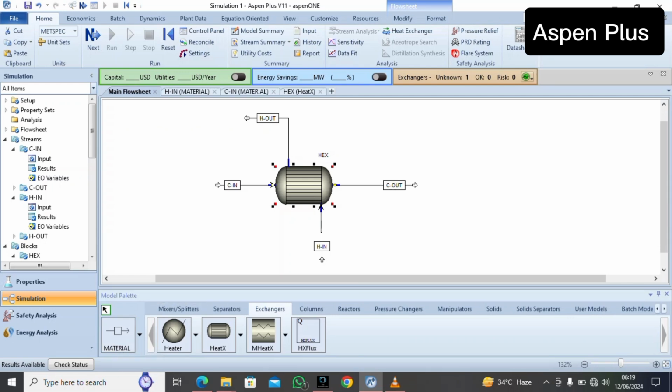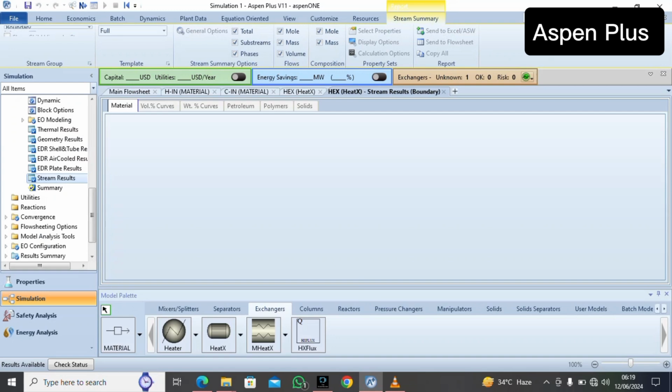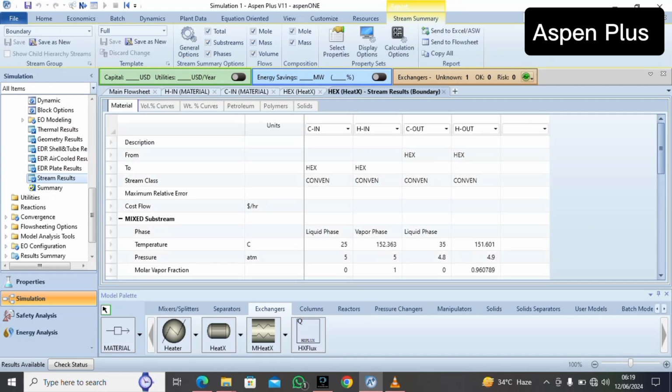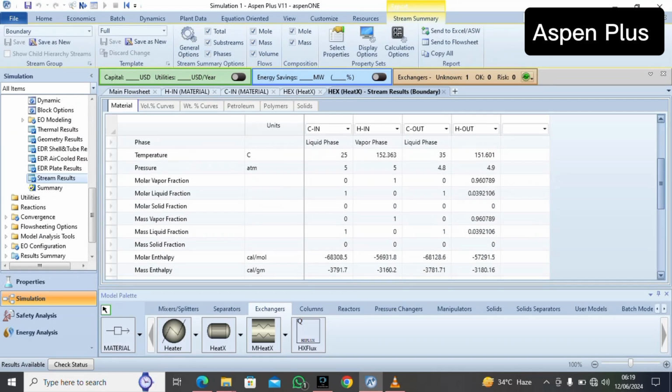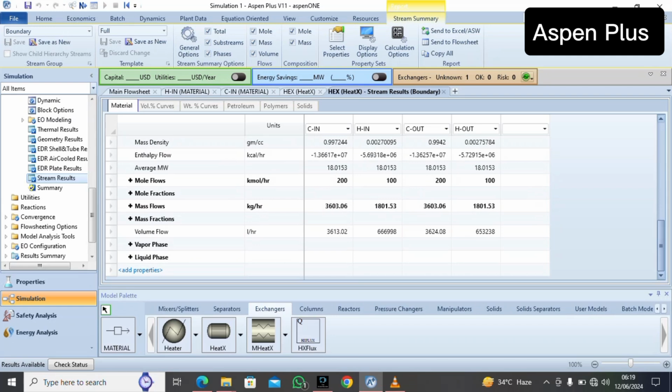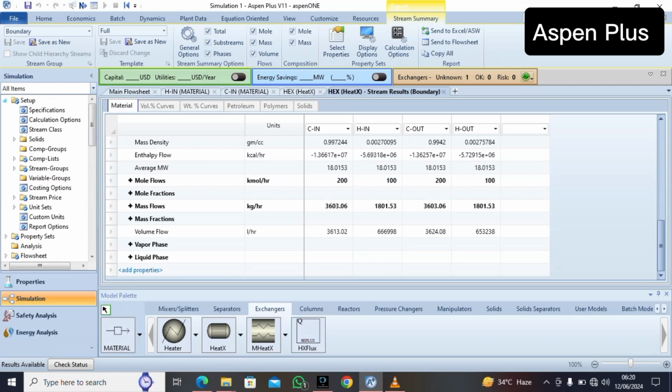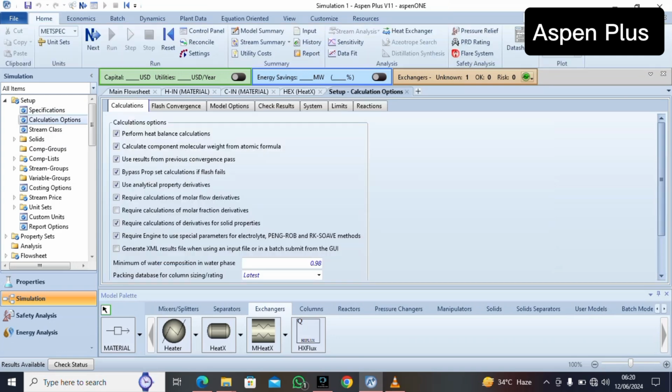First here we see stream results. All results are available, but here we see no exergy flow rates are available. For this you go to setup and click on calculation options.